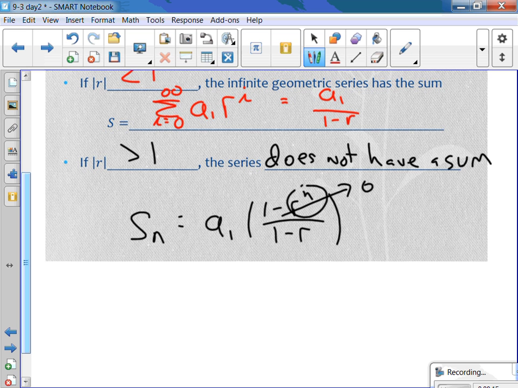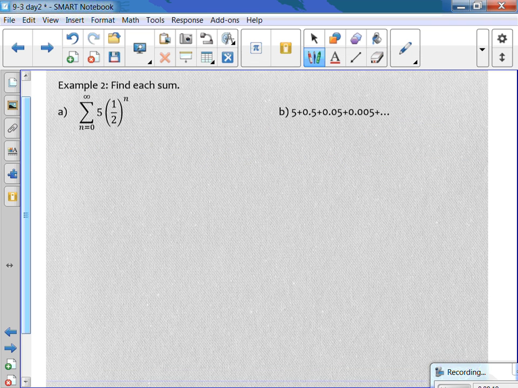So here we want to find the sum of this geometric series, n equals 0 to infinity, of 5 times 1/2 to the n. Where is my r? 1/2. Not 5 times 1/2, but 1/2, because the 1/2 is the only thing that's raised to that power. I'm multiplying by 1/2 at each step.